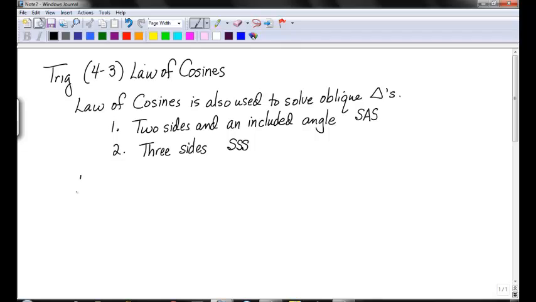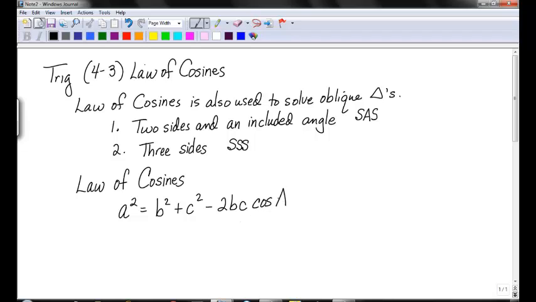Let's go through the actual law of cosines formulas. The law of cosines says a squared equals the sum of the squares of the other two sides minus twice their product times the cosine of the included angle.